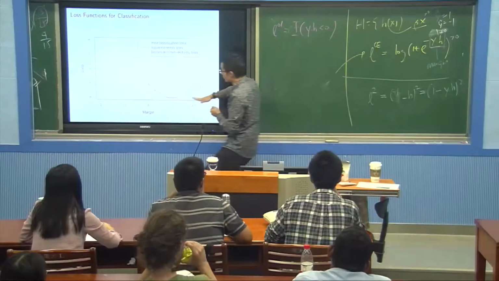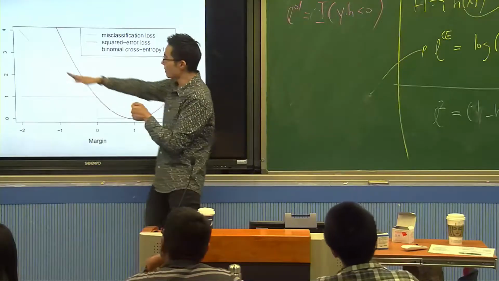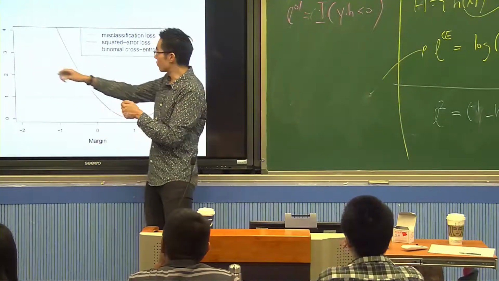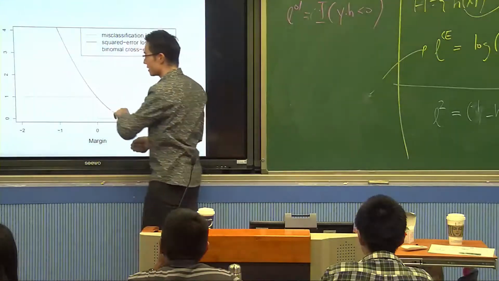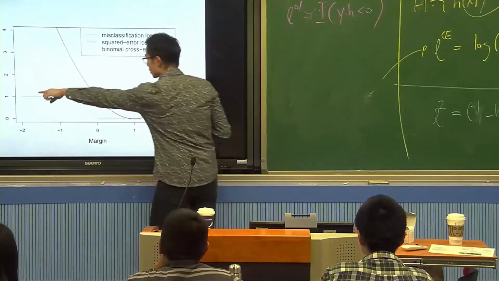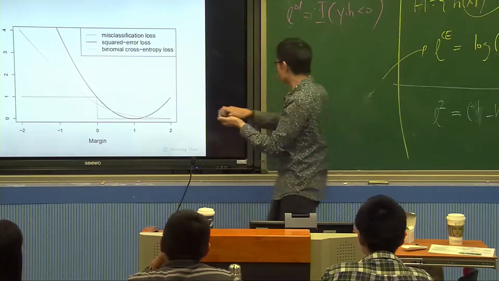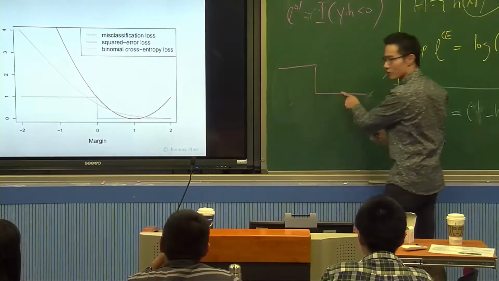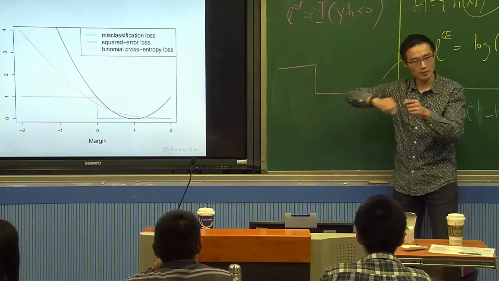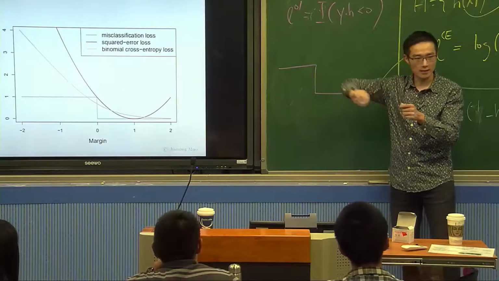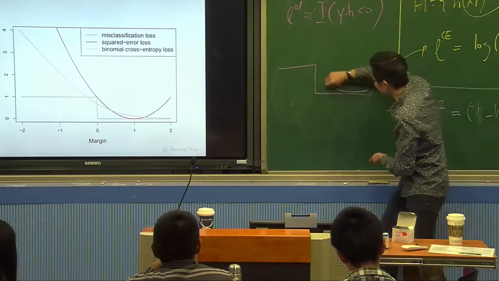So you can think about the cross entropy loss function for logistic regression, which we also call binomial cross entropy, as an approximation to the 0-1 loss, because the 0-1 loss is very hard to optimize. So I'm going to change this step function into a continuous and smooth function that is easy to optimize, into something like this.